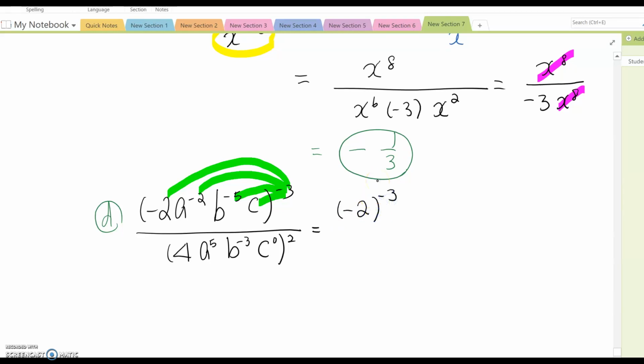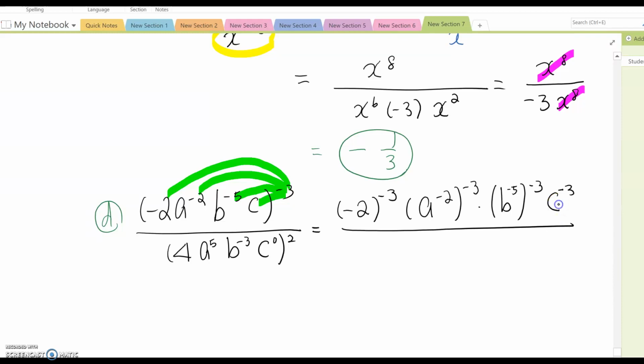I told you before, this is the exponent, not a negative number. So you don't simplify any negative here. And a^-2 to the negative third, b^-5 to the negative third, and c to the negative 3.